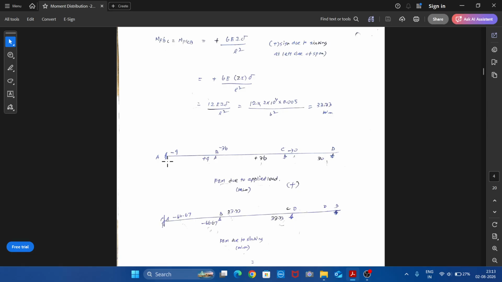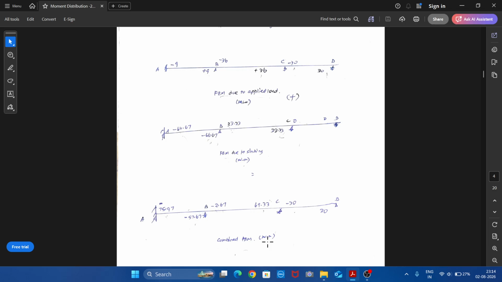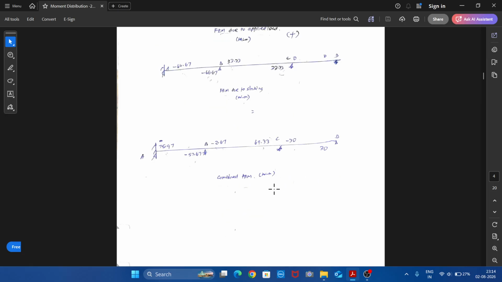So we need to add at the support point. So minus 9 minus 66.67, plus 9 minus 66.67, minus 36 plus 33.33, plus 36 plus 33.33, minus 30 plus 0, 30 plus 0. That will be the final or combined fixed moment. So this combined fixed moment value only needs to be used for the moment distribution process.